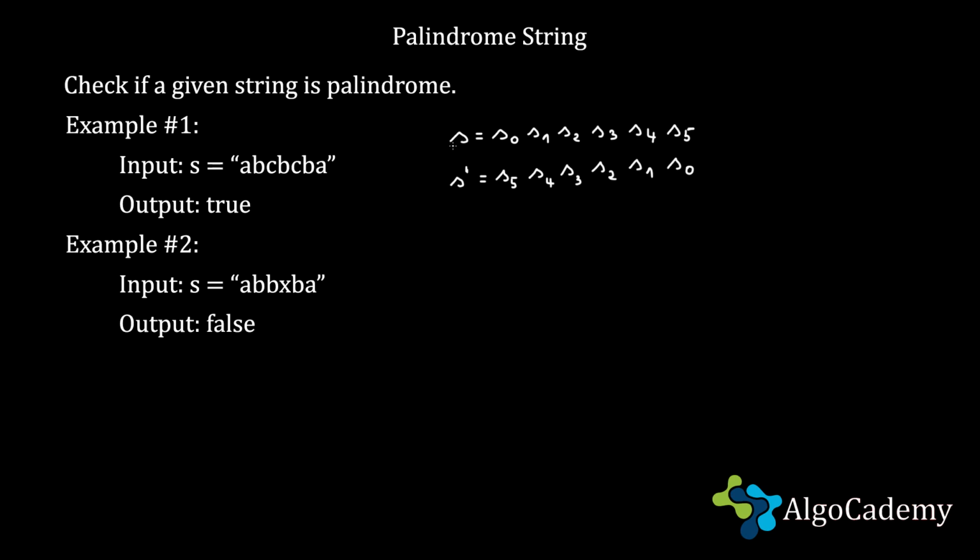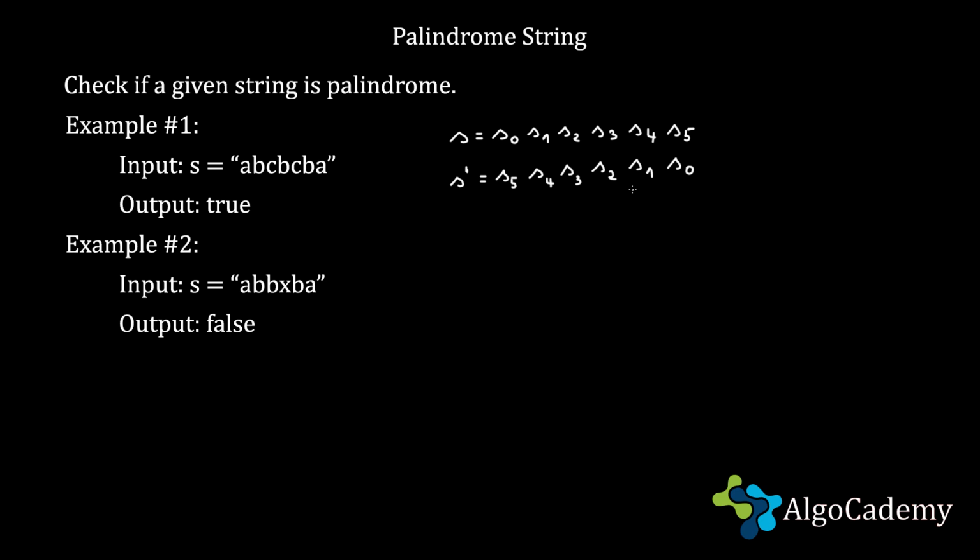I've taken here a string S consisting of 6 characters. I don't care about the values of the characters, I just denoted them by S0, S1, S2, S3, S4, and S5. Now, when I'm gonna reverse this string and build my S prime string, it is going to look like this: S5, S4, S3, S2, S1, S0. So the indices in reverse order.